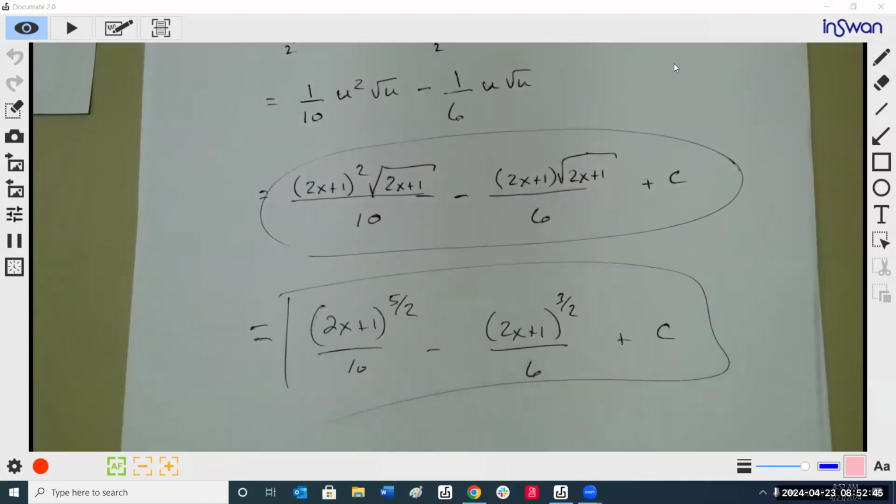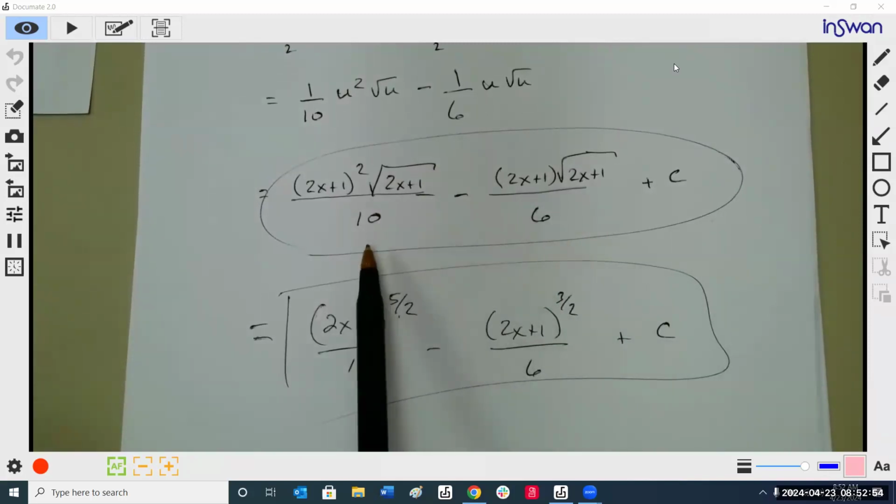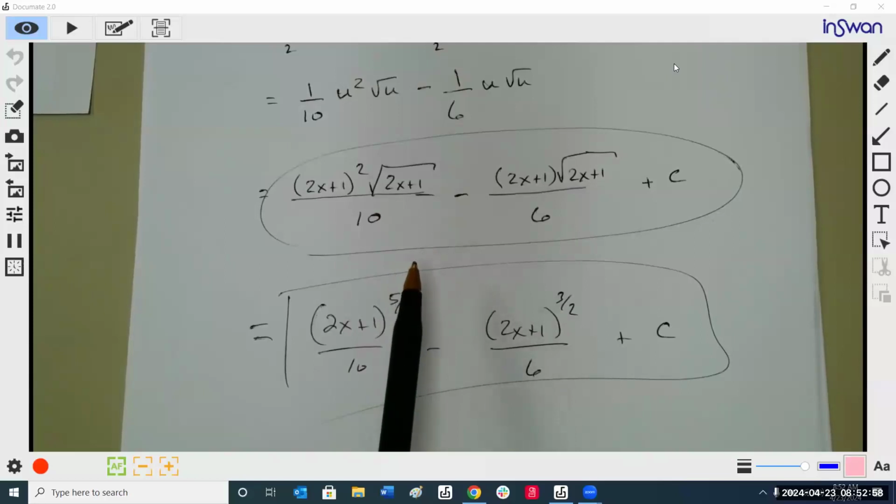I don't know which one it wants. But in the true condition of math, the common conventions say always simplify. Never leave your exponent as an improper fraction.